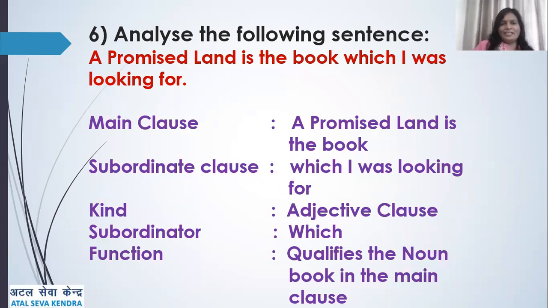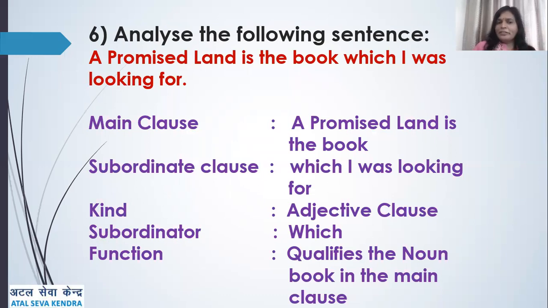Analyze the following sentence. This is again a question based on clauses. A Promised Land is the book which I was looking for. Here, when you are asked to analyze, you have to write the main clause, the subordinate clause, kind, subordinator, and function.